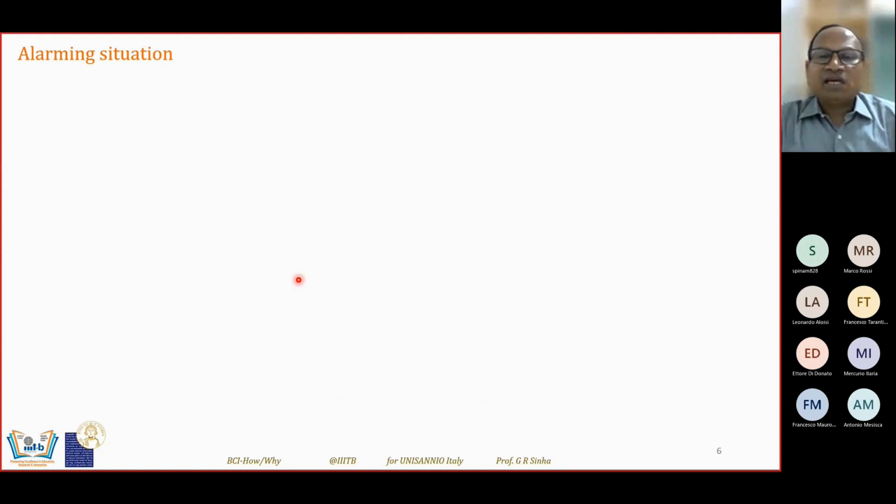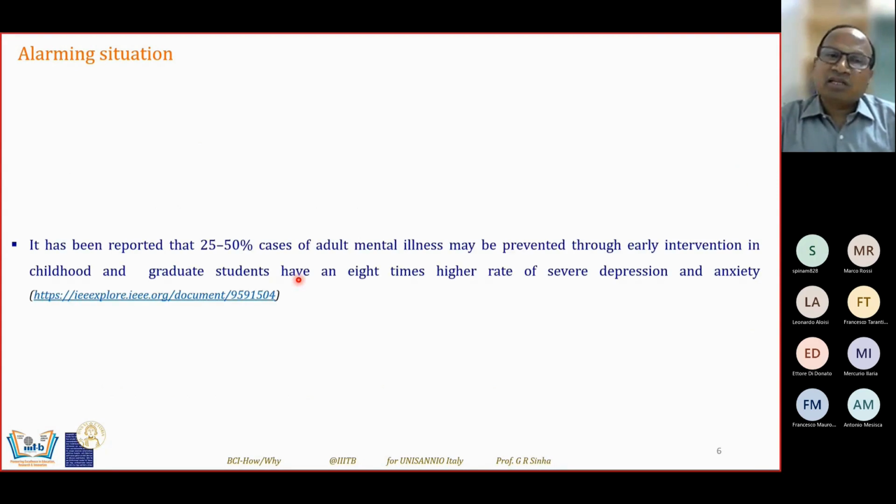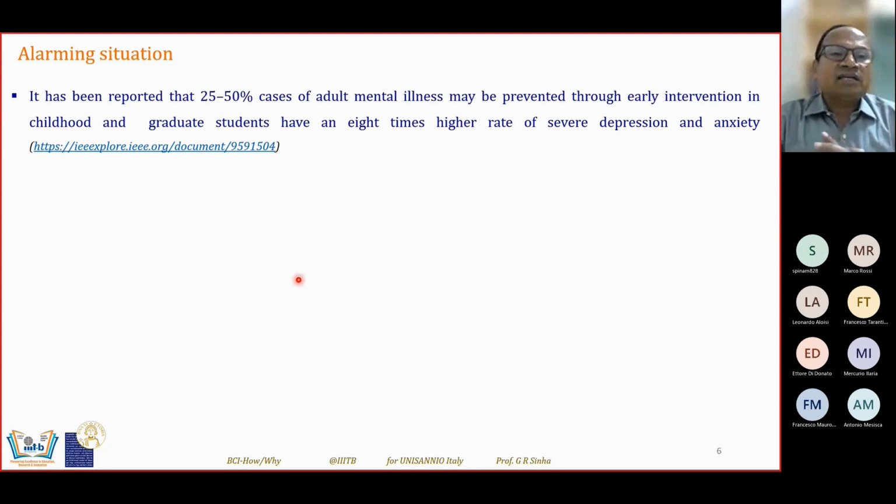So why is BCI necessary? As I mentioned, the why is also an important thing that we'll consider. And I can tell you, this is a really alarming situation. A very recently published paper reports that 25 to 50% of cases of adult mental illness.